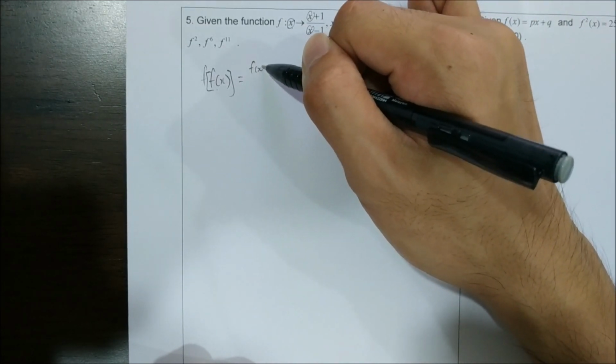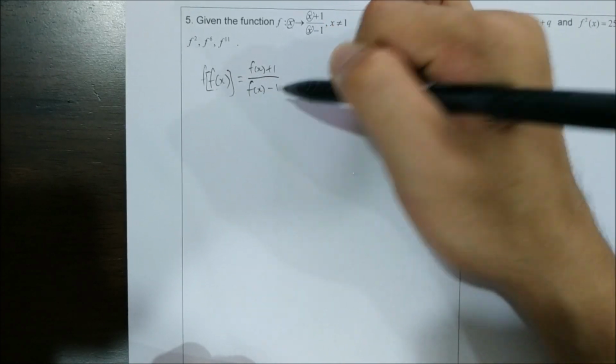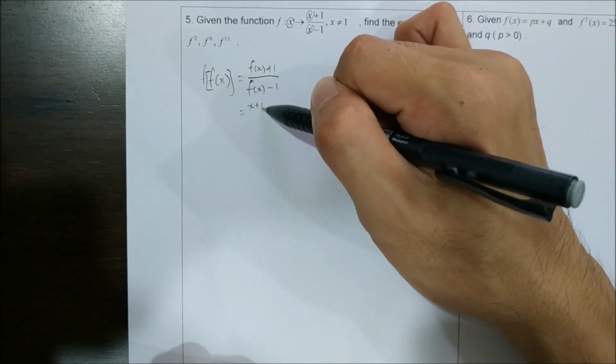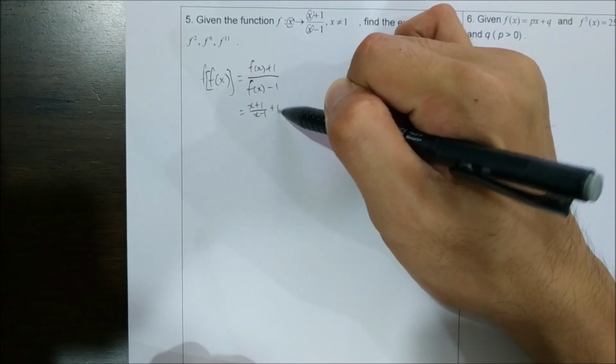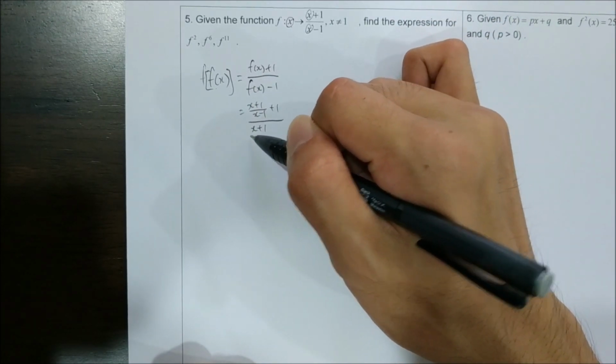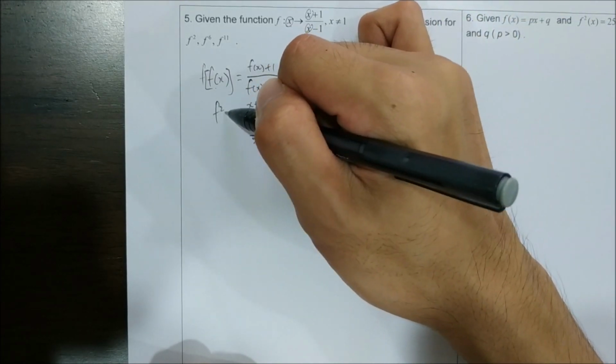So we get something like this, which is f(x) plus 1 over f(x) minus 1. So f(x) itself is also (x plus 1) over (x minus 1). So you have f^2(x).